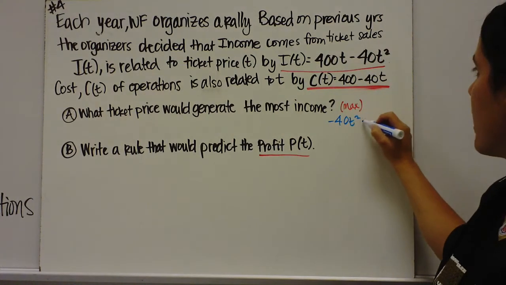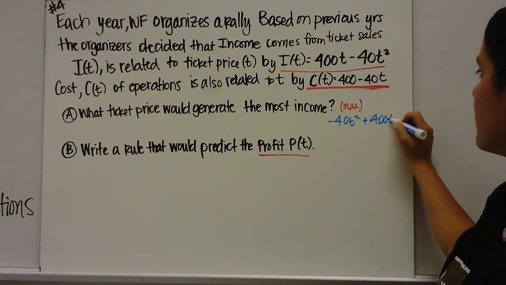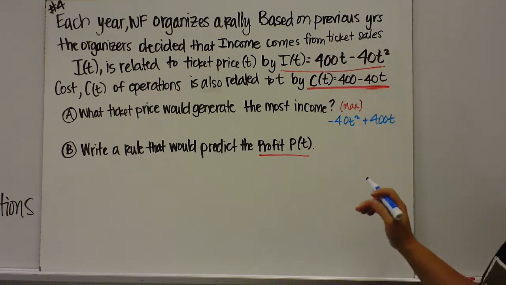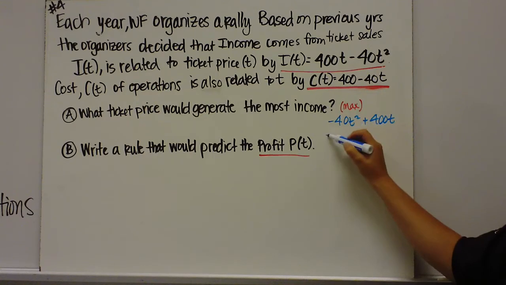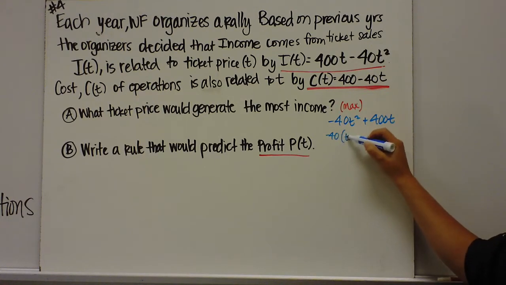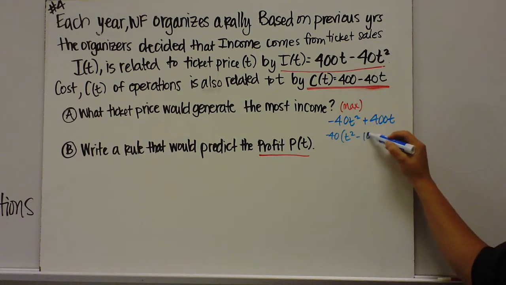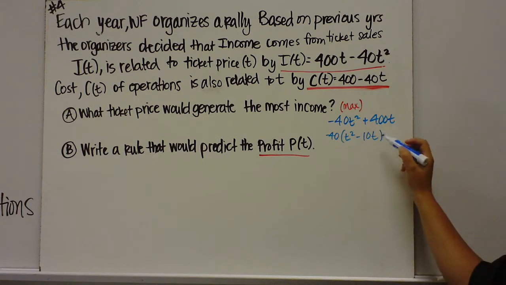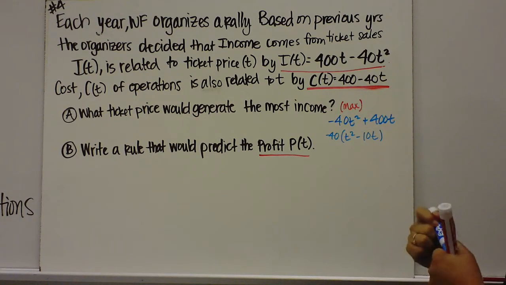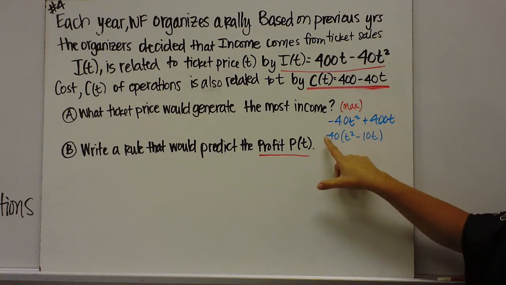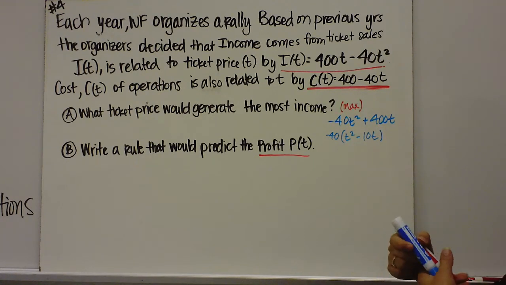Negative 40t squared plus 400t. Notice I just put that first. I would need to factor out a negative 40, and this would be 10t.